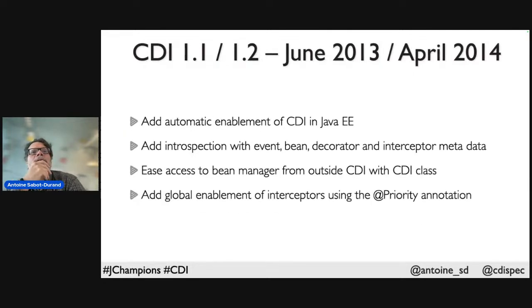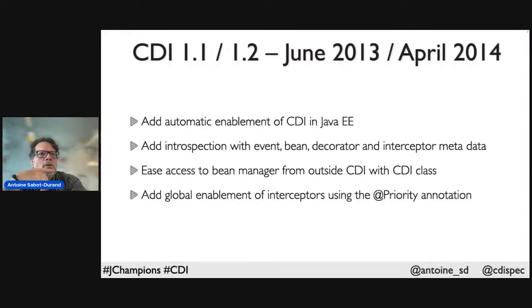In 2013 and 2014, there were 1.1 and 1.2. Mostly, it was a way to put CDI at the center of the Java EE stack with the automatic enablement of CDI. Before that, you had to add CDI explicitly and say, okay, it's activated explicitly.